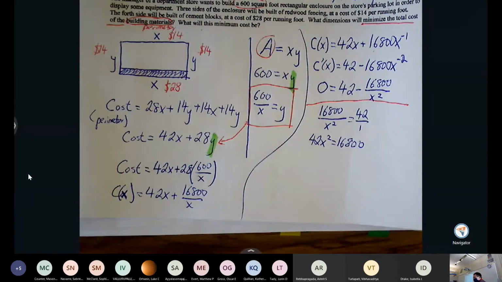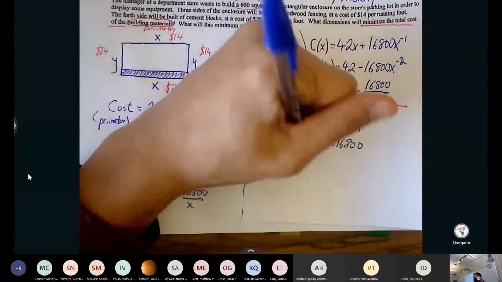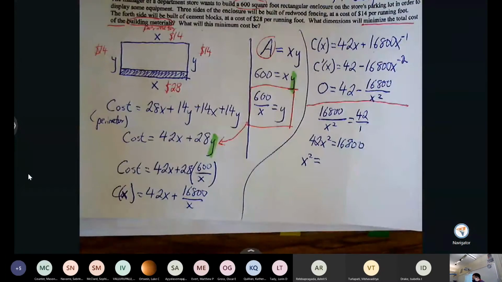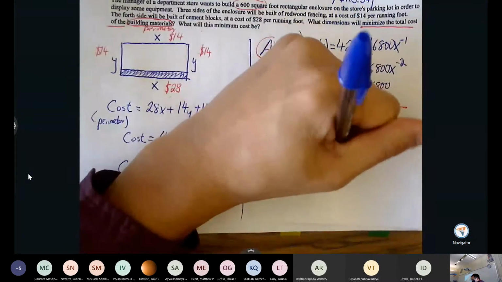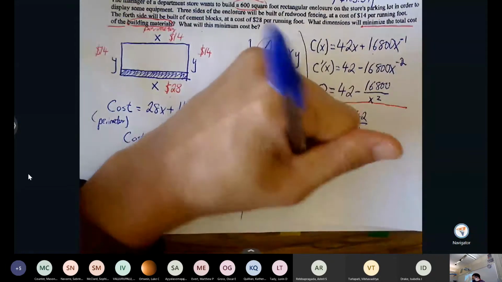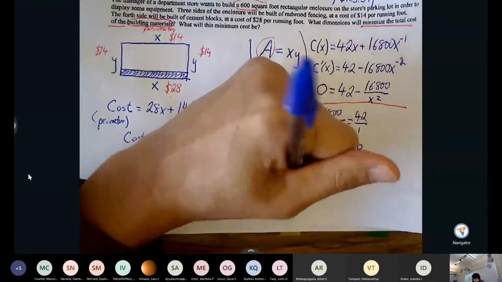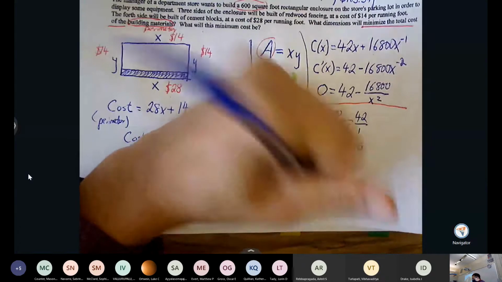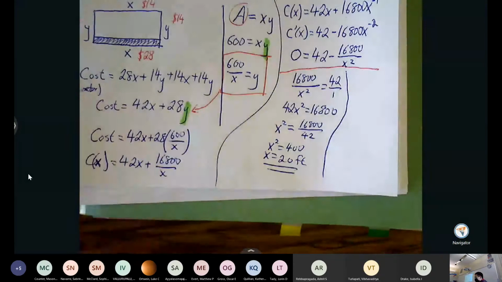Okay, divide both sides by 42. Okay, I have my x.